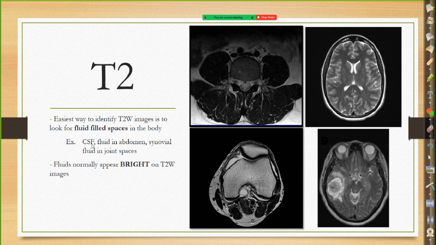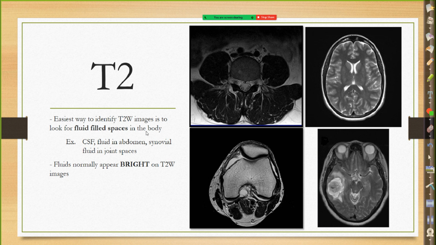Make sure you go to the fluid. So on this axial L spine, we have the spinal canal. We have CSF there, and then you have some of the cauda equina within that, the nerve fibers of the spinal cord.